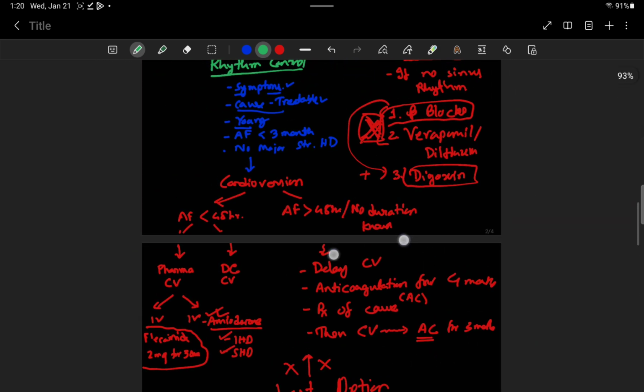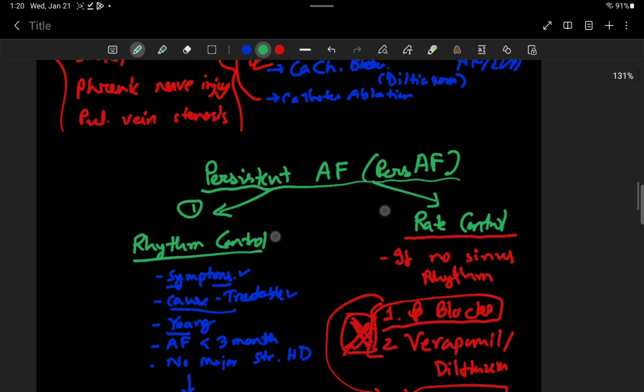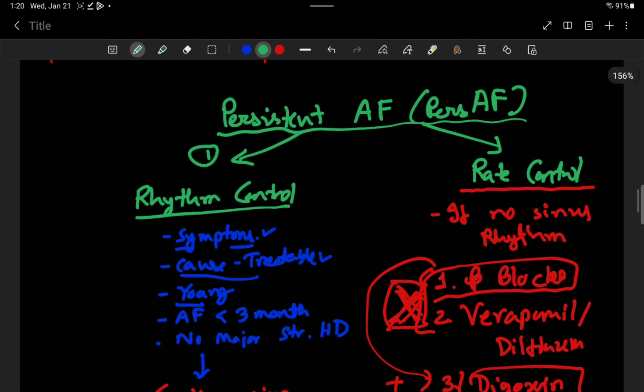So if I review again the treatment of persistent atrial fibrillation, from the name, it is persisting in the sense that the duration is prolonged, more than 7 days. You can go with rhythm control treatment.